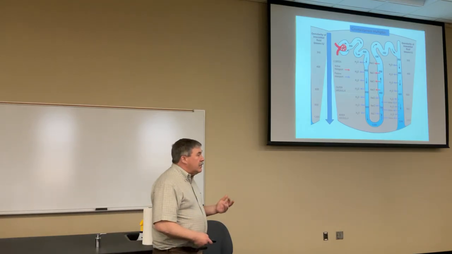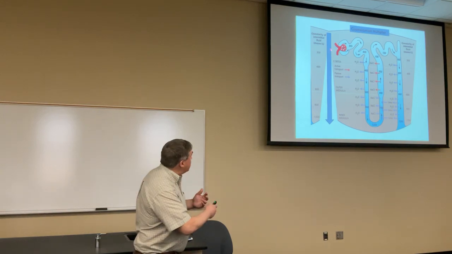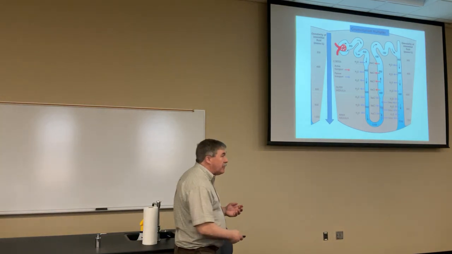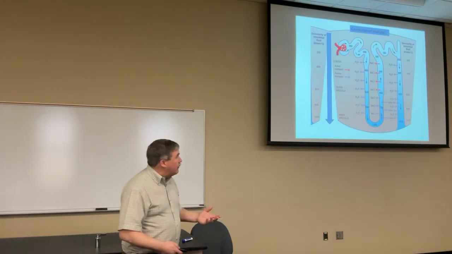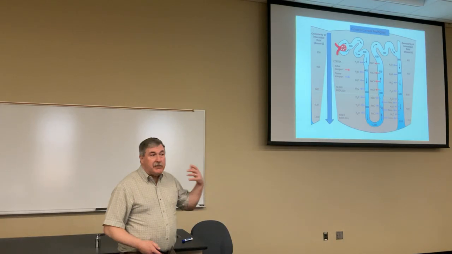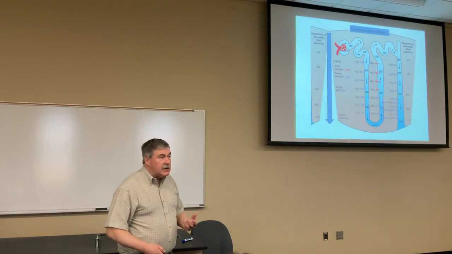So there's two different things that contribute to this concentration gradient. One is the reabsorption of electrolytes in the nephron loop, and the other is the reabsorption of about half of the urea that flows through the collecting ducts.